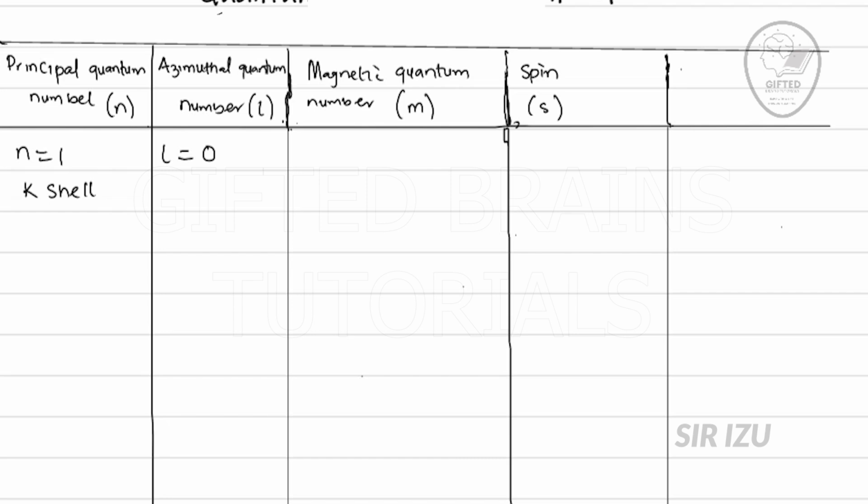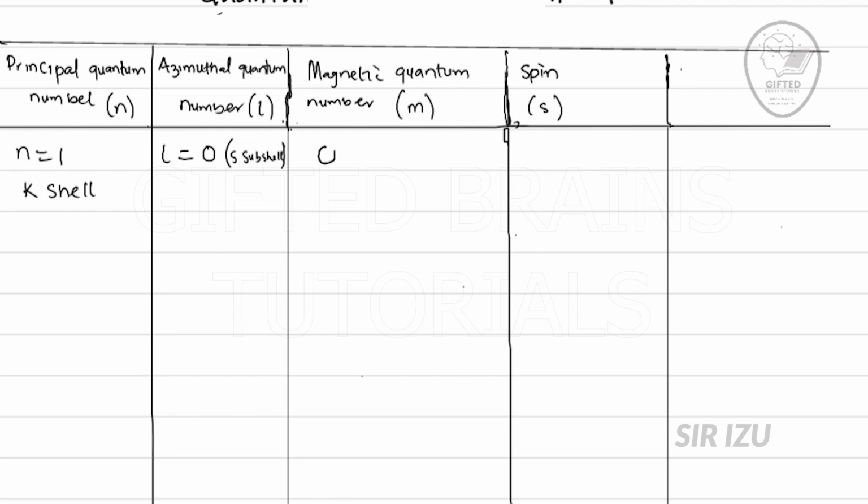So it takes 0. That L equal to 0 stands for the S subshell, or S sublevel. And then our magnetic takes values of minus L through 0 to plus L. So what we have here is just 0.